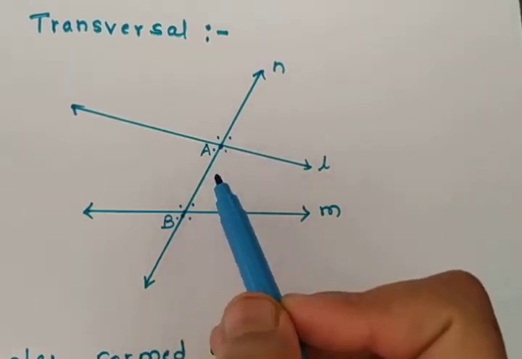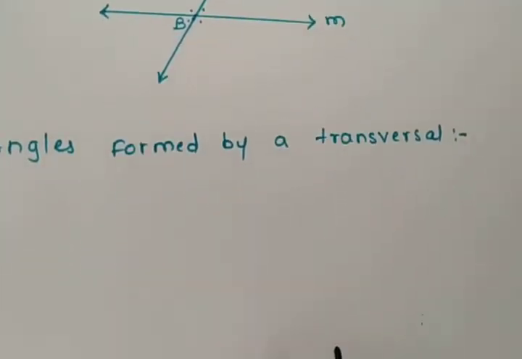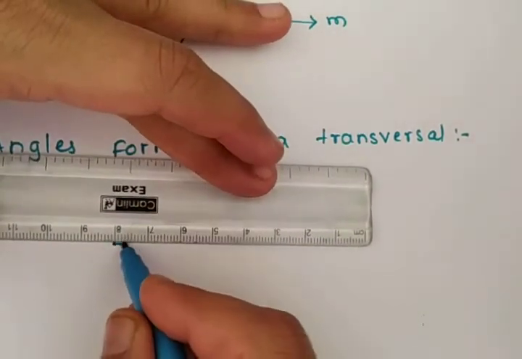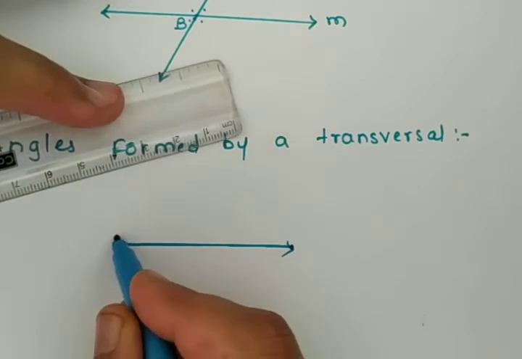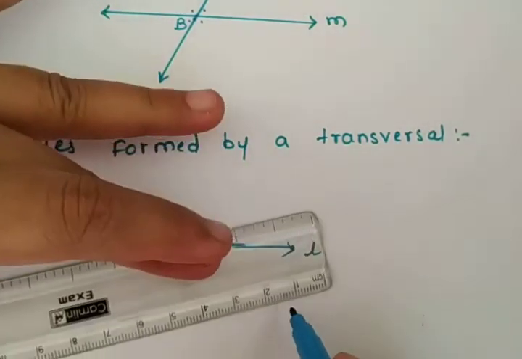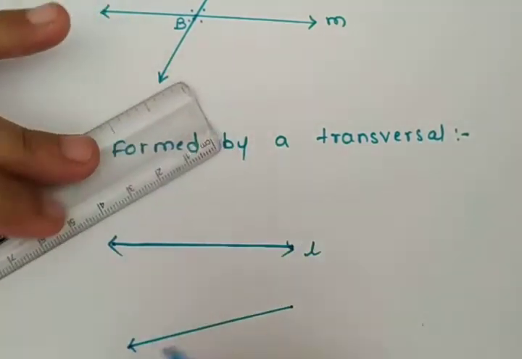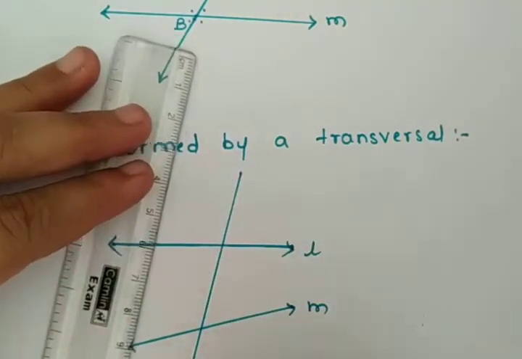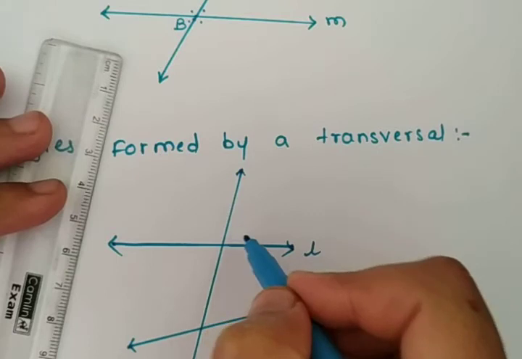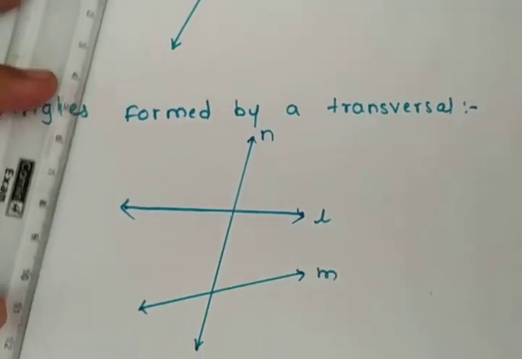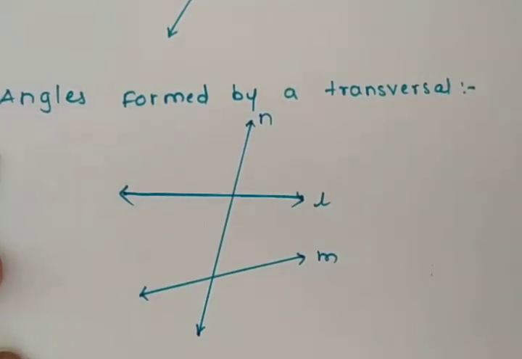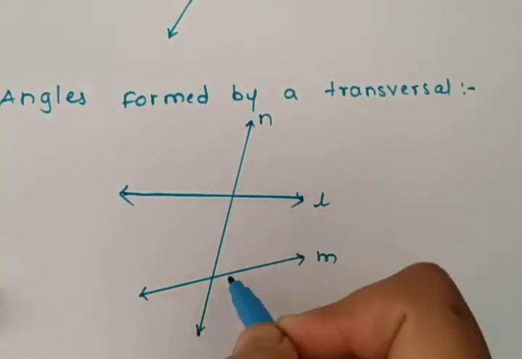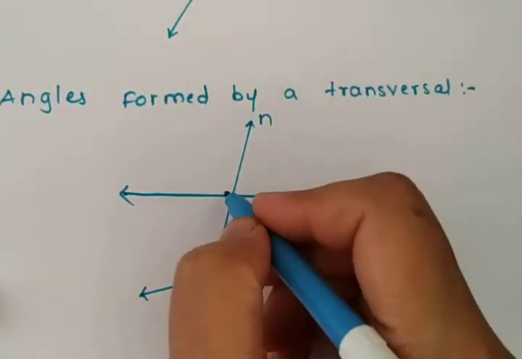Again I will draw the same diagram. Suppose this is line L, this is our line M, and this is our transversal N. Because of these points of intersection we are getting four angles here and four angles here.